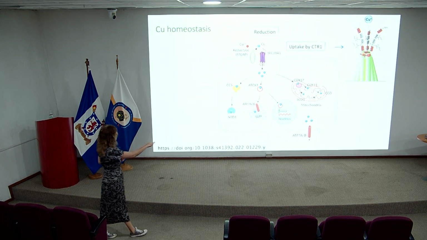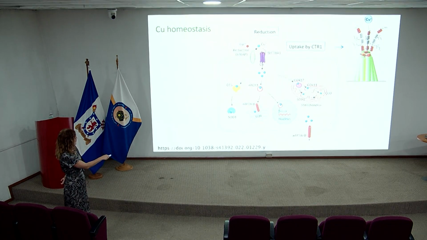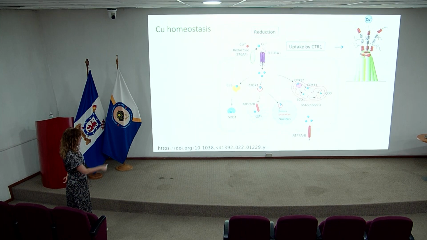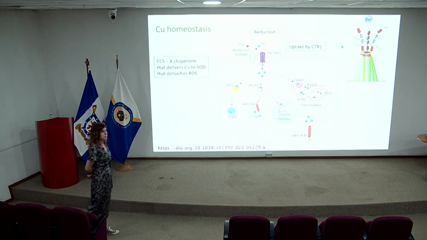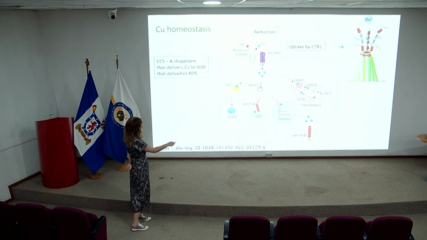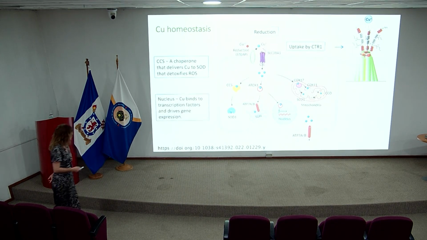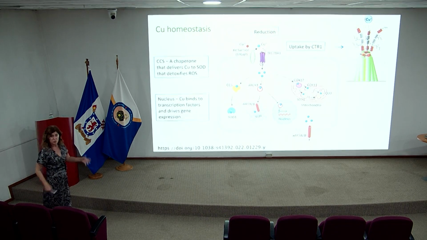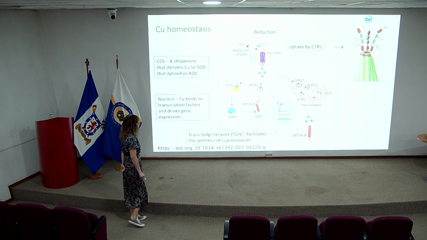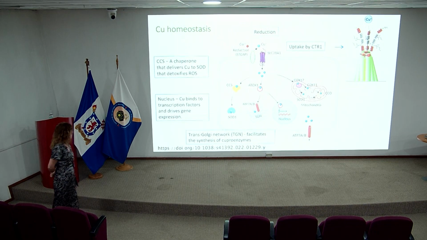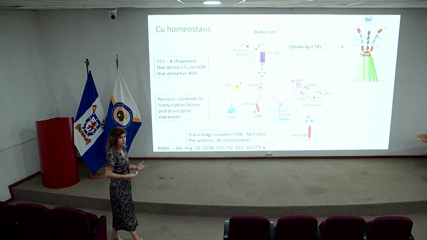So inside the cell, different things happen to copper. There are these chaperones. So this chaperone takes copper into superoxide dismutase, which is a reactive oxygen species detoxifier. It can also bind to this chaperone that can take copper into the nucleus, where it can bind to transcription factors and drive gene expression, or it can be bound in the Golgi network, where production, synthesis of proteins and many other molecules happens.